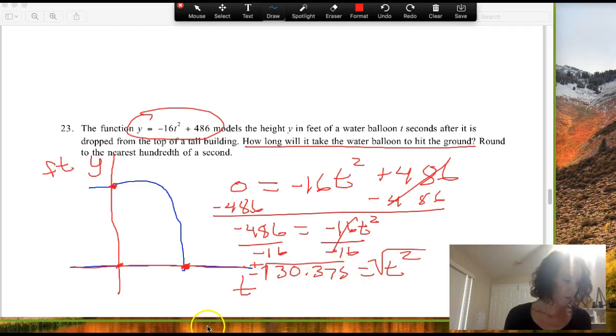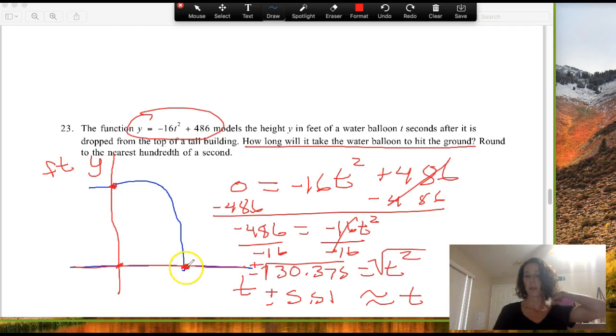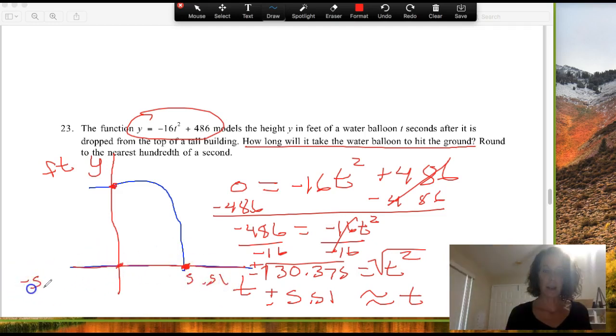So when I square root 30.375, I get an approximation. And it said round to the nearest hundredth, so I'm going to round to 2 decimals, 5.51. That is a plus or minus, and that is what t equals. So the time would be here at 5.51, and it would be back here at negative 5.51, because technically my parabola comes down like this if it were to make a perfect parabola.